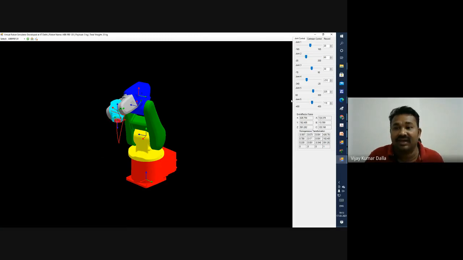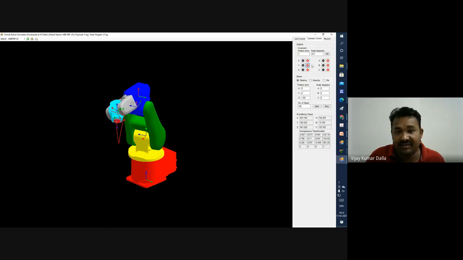Okay, in this way. Also, Cartesian control. We can control the hand effectors. Yeah, see what is happening. Here I am controlling the hand effectors.